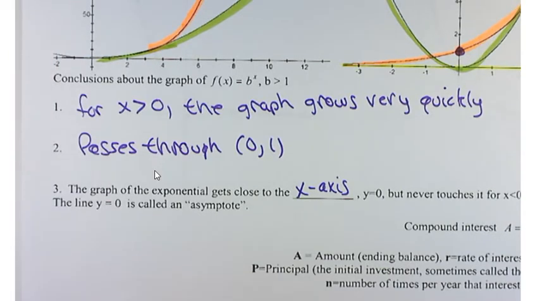So there's three things that you should be aware of for the graph of an exponential. Now, I'll give you a quick version of this. On the board here, I'm going to draw a little graph, and I'm going to scale it in terms of centimeters.